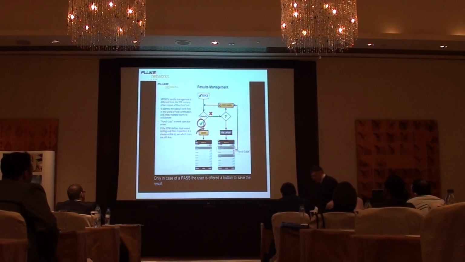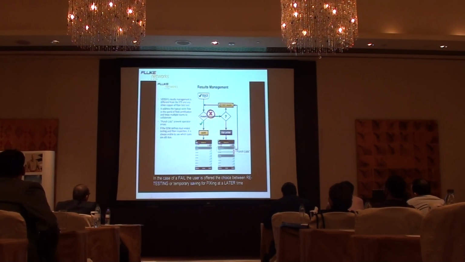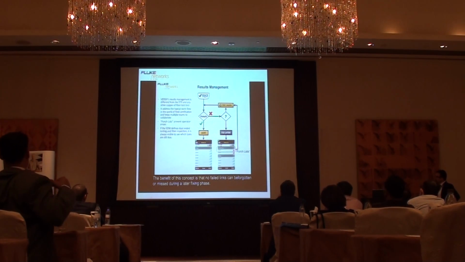Only in case of a pass, the user is offered a button to save the results. In the case of a fail, the user is offered a choice between retesting or temporary saving for fixing at a later time. The benefit of this concept is that no failed links can be forgotten or missed during a later fixing phase.